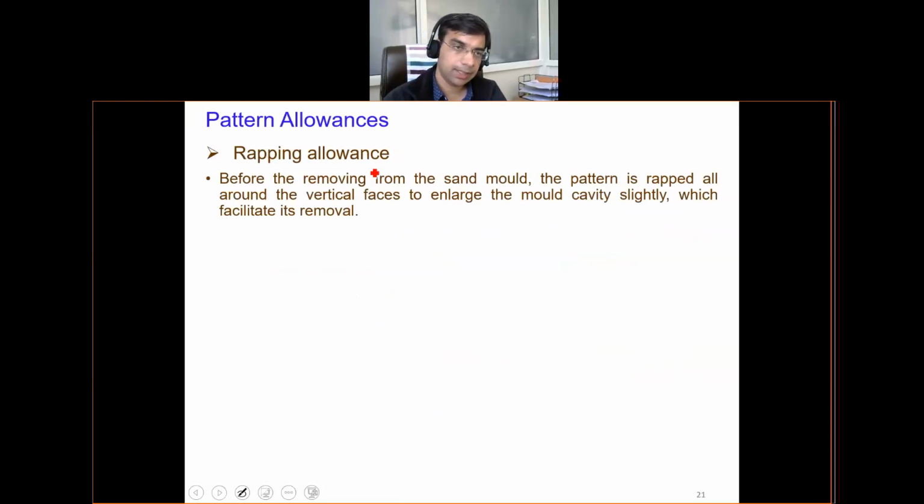Next is the wrapping allowance. Wrapping allowance is provided on the pattern to facilitate its removal. One allowance that we have discussed which facilitates the removal was the draft allowance. And wrapping, what is wrapping? Suppose you consider this as the lower half.